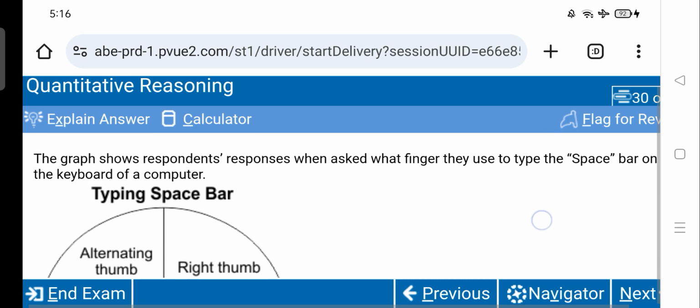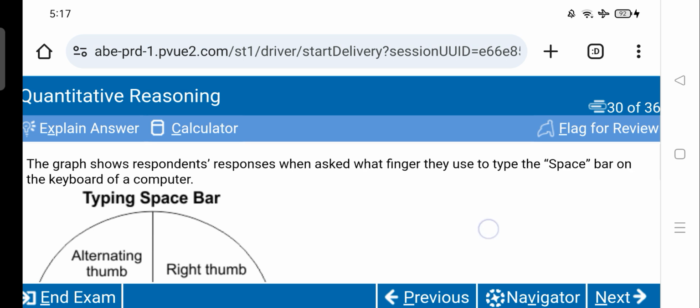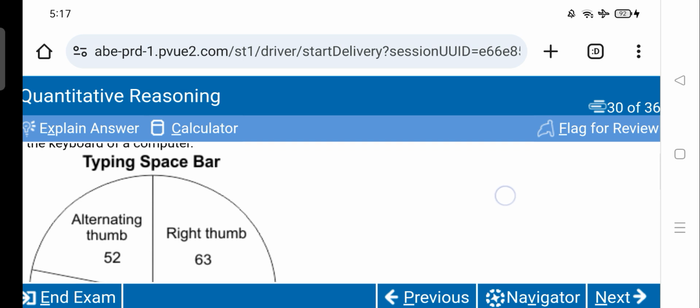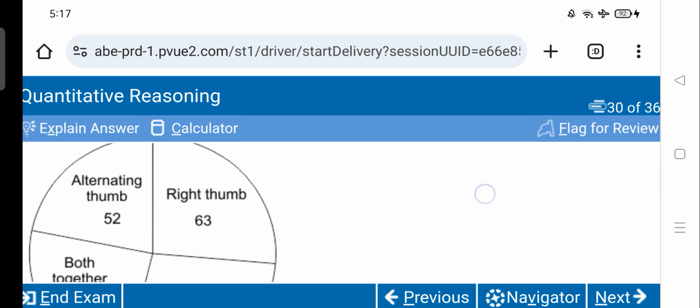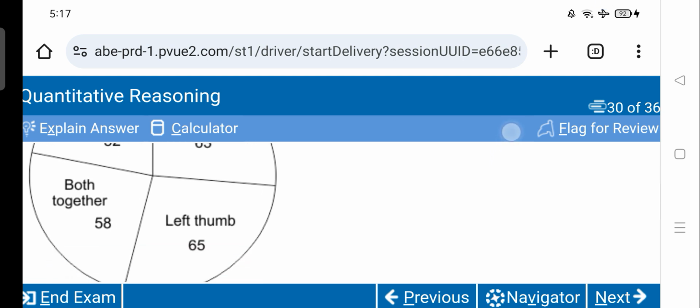Next we have question number 30. It says the graph shows responses when asked what finger they use to type the space bar on the keyboard of a computer. Typing space bar: alternating thumb 52, right thumb 63, both together 58, and left thumb 65.